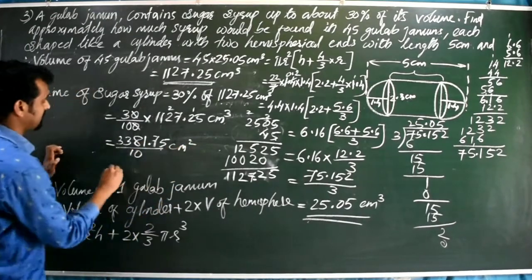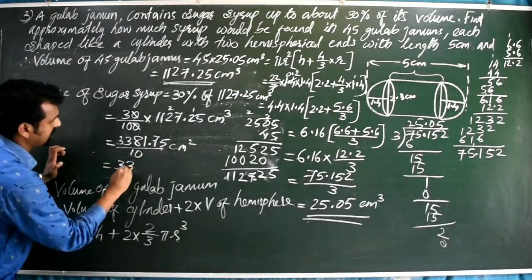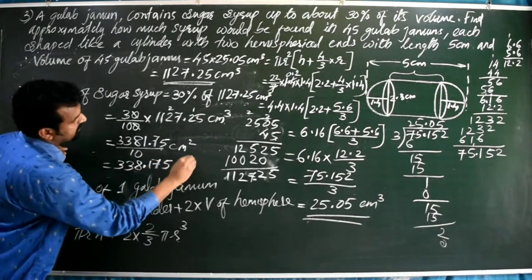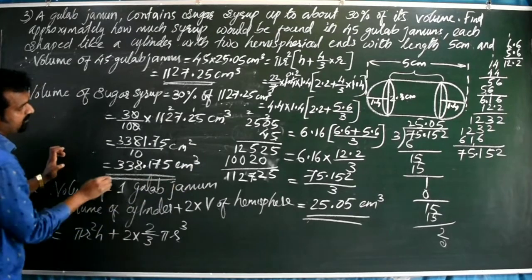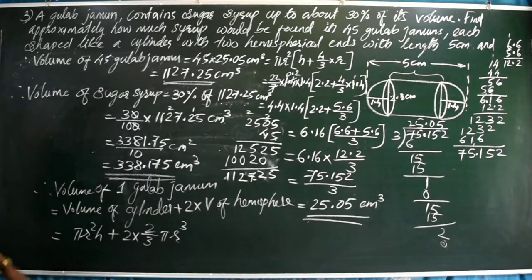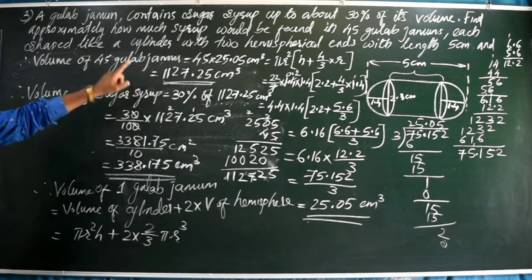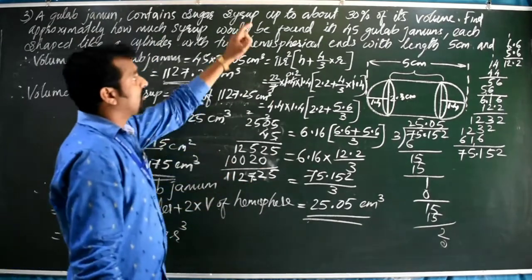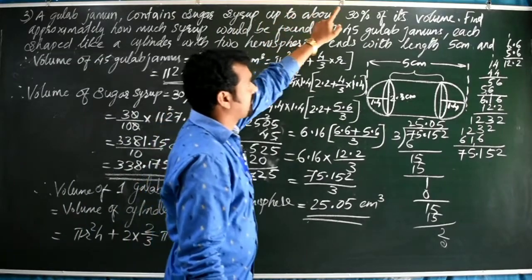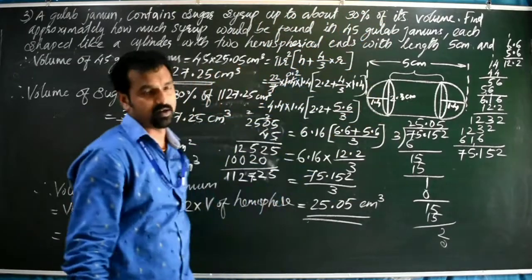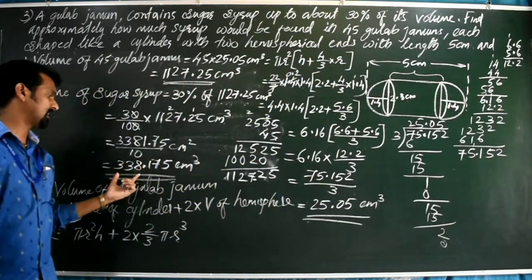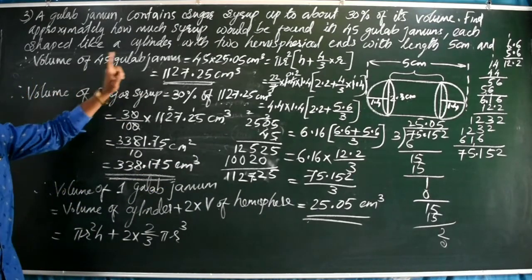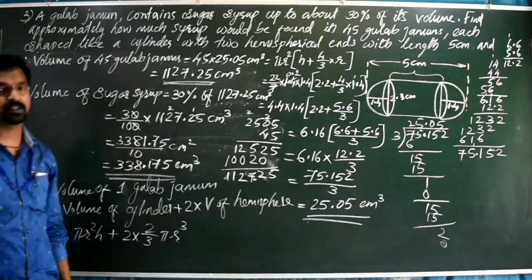That is equal to, what is the answer? 338.175 centimeter cube. 338.175 centimeter cube of sugar syrup is there in 45 gulab jamuns, if the sugar syrup is up to 30% of its volume. That is the answer.